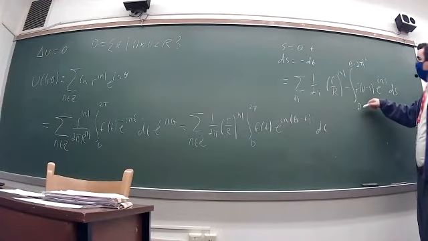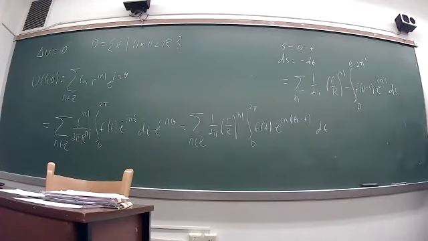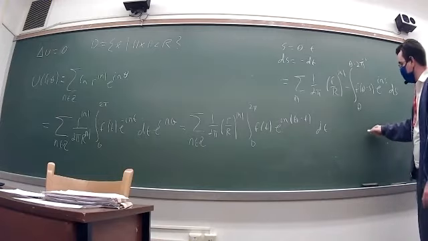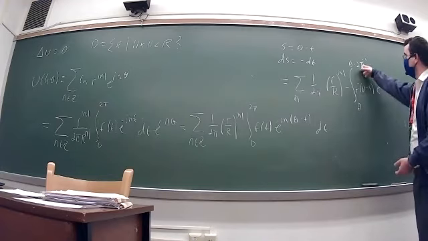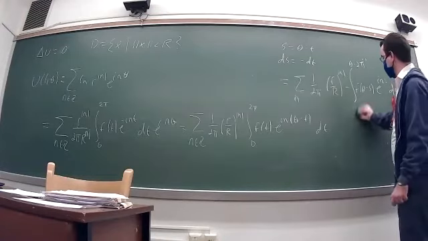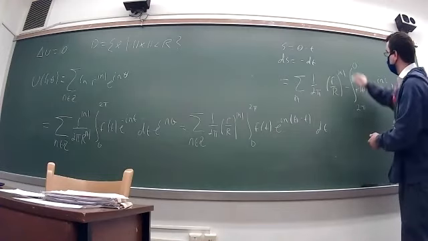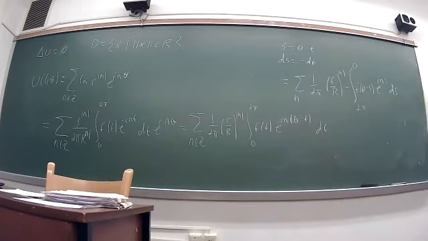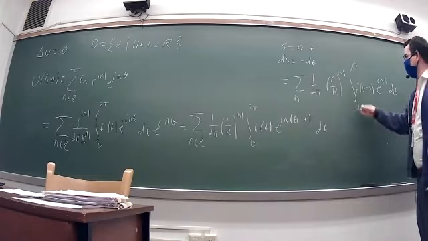If you integrate a periodic function over its period, the answer does not depend upon where you begin or end. So in other words, I can choose any theta, theta equals 1, theta equals 0, and integrate from here to there, and I'll get the same result. So I'm going to choose theta equals 2 pi, integrating from 2 pi to 0. Since I'm just integrating over one period of the periodic function, it doesn't matter. And in exchange for the negative sign, I'll rewrite that as 0 to 2 pi.